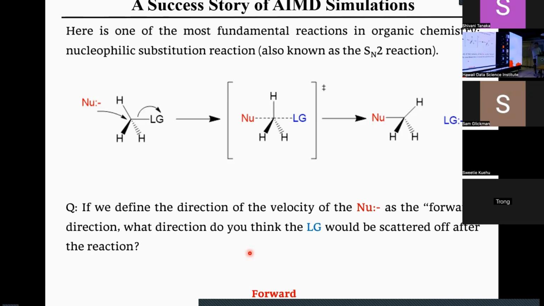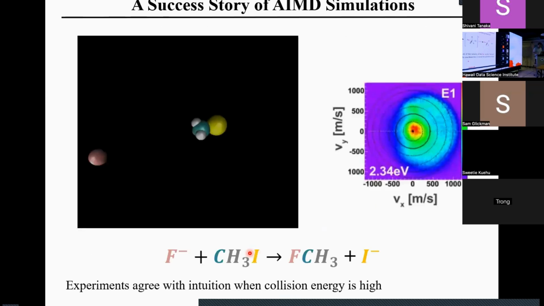This is the traditional understanding of the SN2 reaction, and nobody challenged that until we could perform an experiment pure enough, clean enough, and precise enough to actually measure the direction of the leaving charged group.